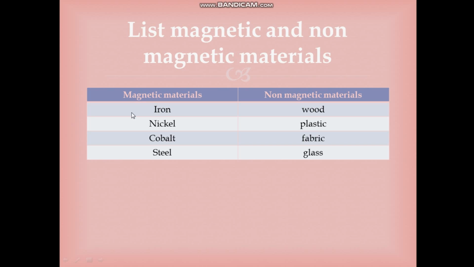You can try to put a magnet near a ring. It cannot attract. Next, non-magnetic materials are wood, plastic, fabric, and also glass. If you put a magnet near a wooden chair, it will not attract.